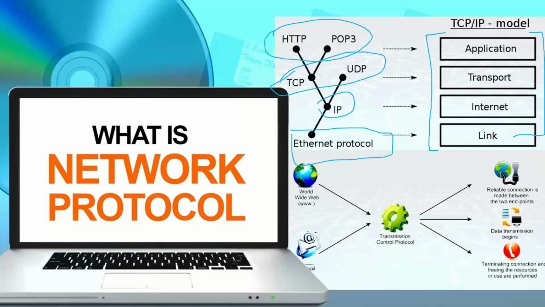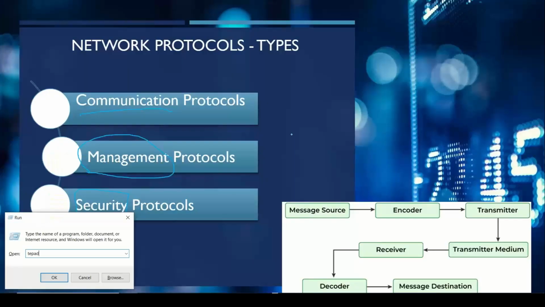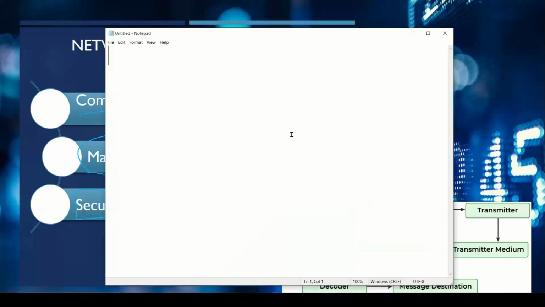Like in human communication, there are certain common things, right? If one person wants to talk to another, they need to have a common language, right? Also, if I am speaking very fast, or if my delivery is too fast, then the other person cannot understand it, right?